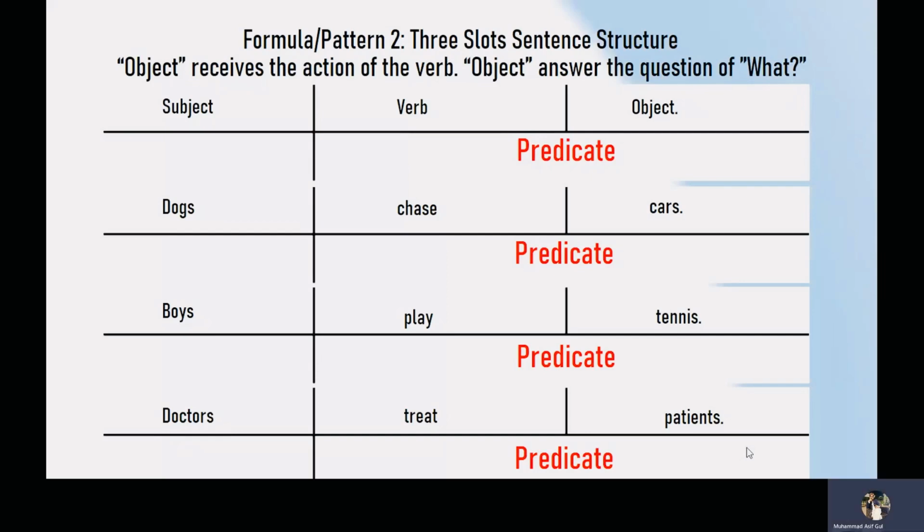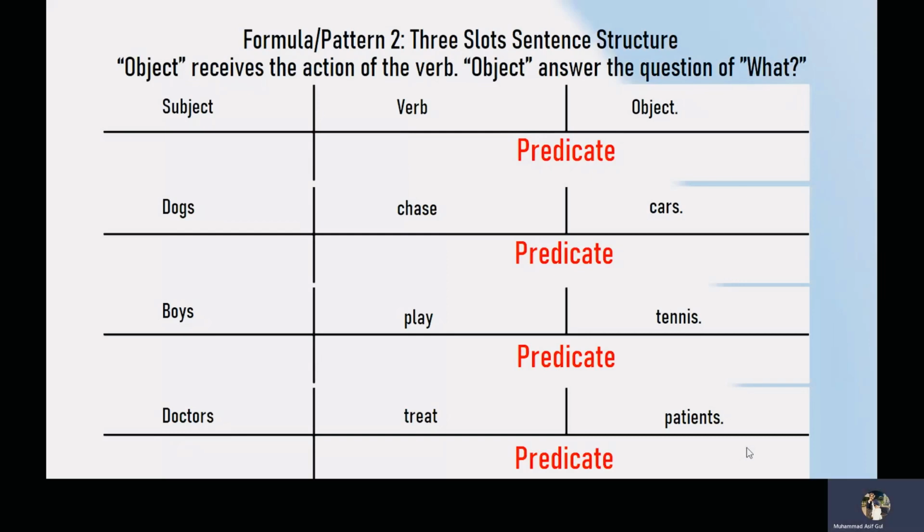This is also a very well-known pattern, frequently used. And here we have 3 slots: subject, verb, and object. We can also see that in this 3-slot sentence structure, the predicate is divided into 2 slots, verb and object.